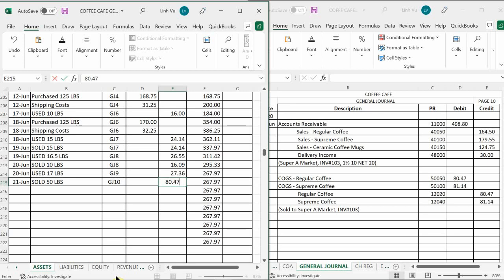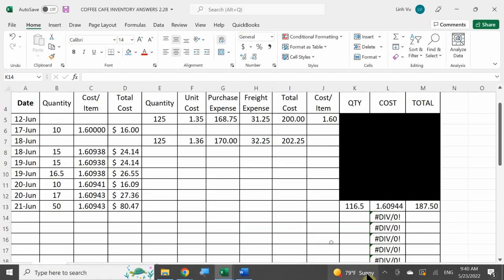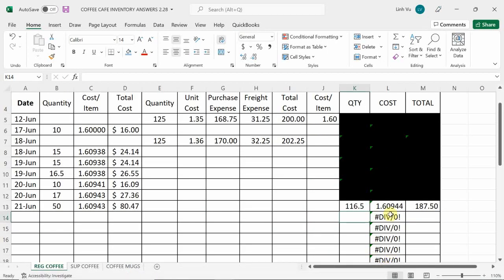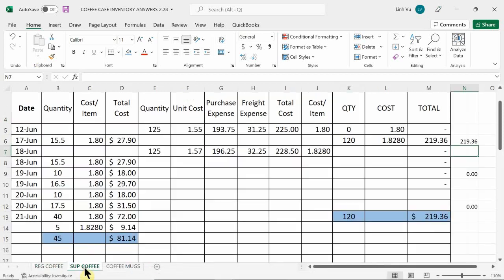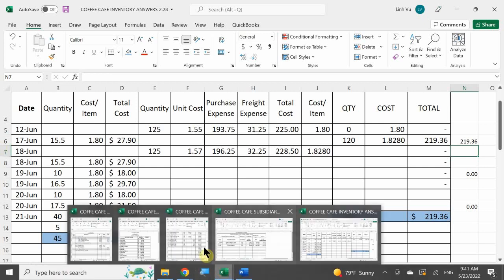We got 187.5. Okay, so where do we see this number? Inventory worksheet, right? 187.5 is what we had left. Okay. Supreme coffee, we should have 219.36. So let's make sure we did do that right.